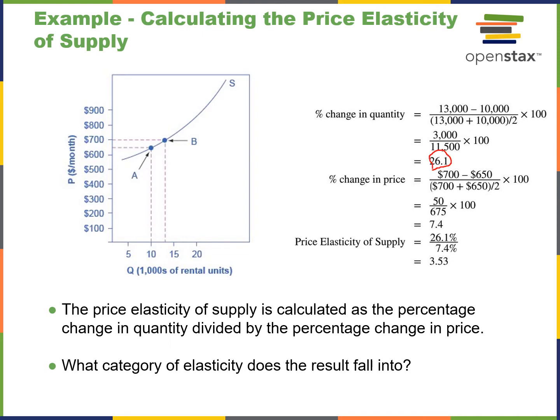Same calculation for the change in price. The change in quantity divided by the change in price gives you the price elasticity of supply. Its number is 3.53, and that is much greater than 1. So I'm going to draw that here. And so that's highly elastic.